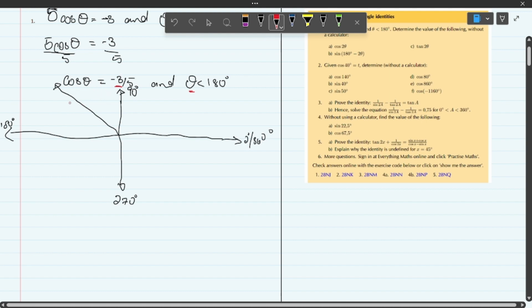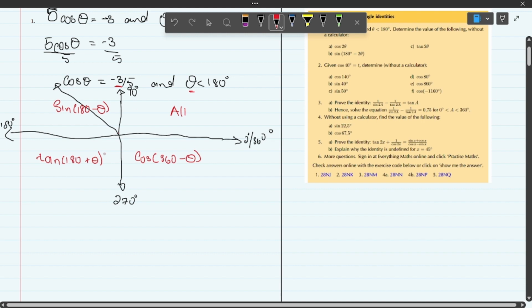So we know that cos theta is negative in the second quadrant, because all the angles here in the first quadrant are positive, and here it's sine, which is sine of 180 minus theta, and here it's tan, 180 plus theta, and here this is cos, 360 minus an angle, right?